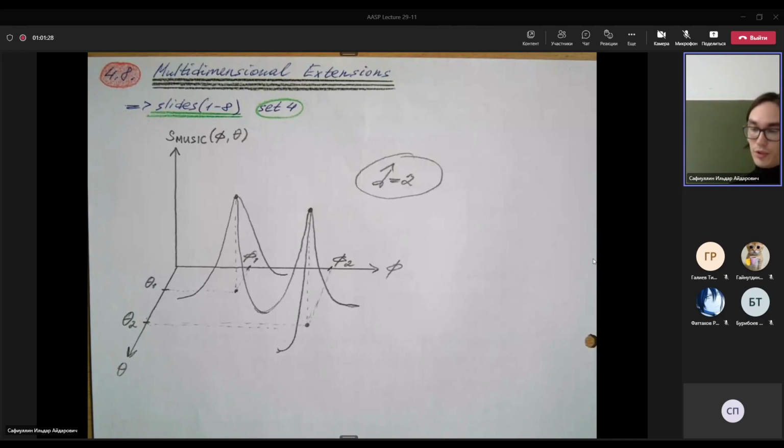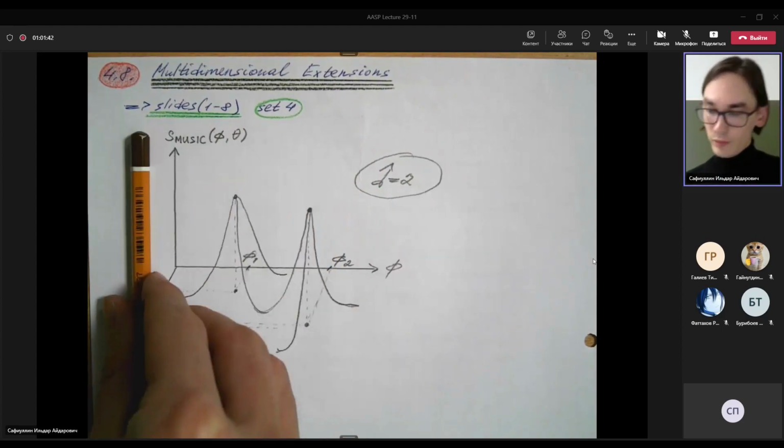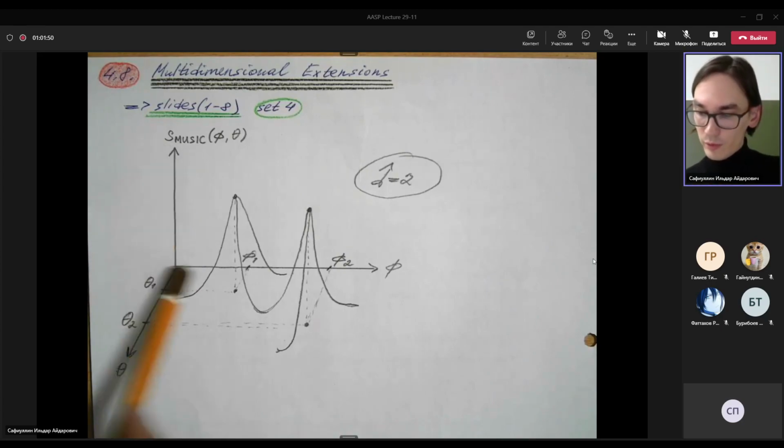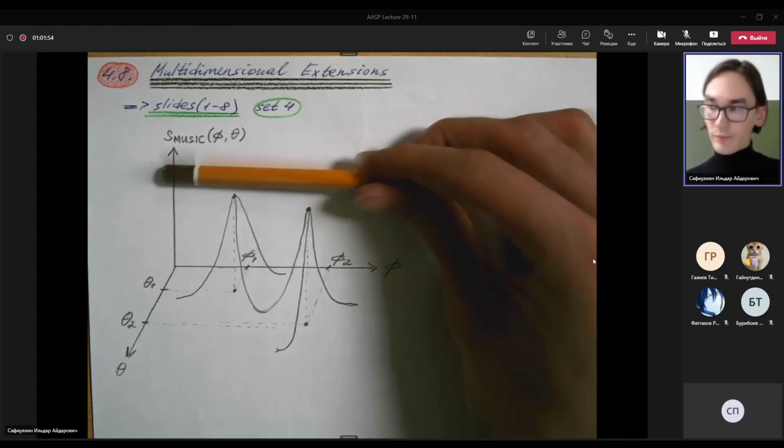And of course, this 3D picture can be represented using 2D pictures. So we can, let's say, project all these values to this plane as MUSIC for theta and as MUSIC for phi. So we need to project all these values on this plane.